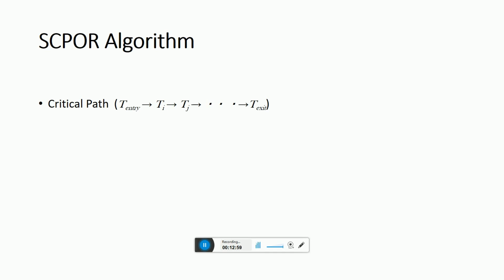So if the priority rank of a task is equal to the priority of the entry task, then that task is a critical task of the workflow. A set of critical tasks is known as list CP. A workflow may have multiple critical paths, and the SCPOR algorithm chooses one of them and selects critical tasks on this path into list CP.